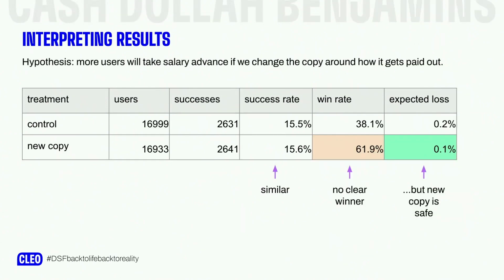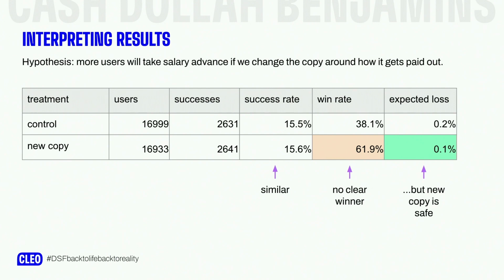Here's another example. So we have a product called the salary advance, and we wanted to make a copy change around explaining to users how this salary advance money would arrive in their account. And in this case, the success rates were very similar. The proportion of users taking a salary advance with the new copy or with the old copy, 15.6 or 15.5%.